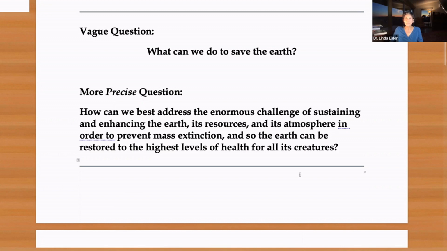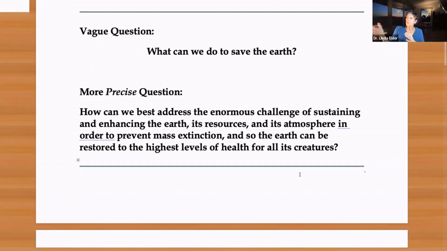I don't think we can say that of humans, because we are the ones taking away from the other life that's here. We're the ones that are robbing them. They're not robbing us. So we want to sustain the Earth's resources, its animal and plant life, and its atmosphere. So that includes as far out as our atmosphere goes.